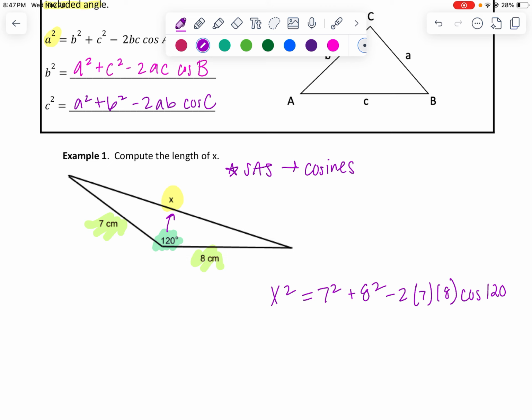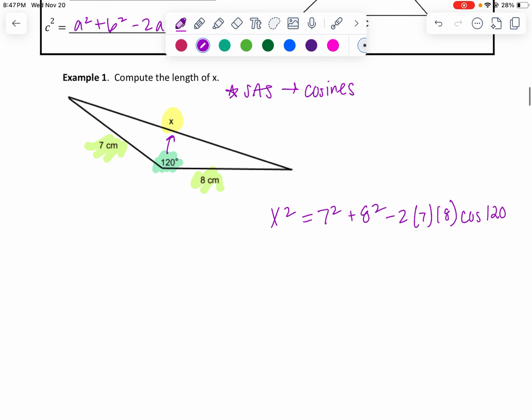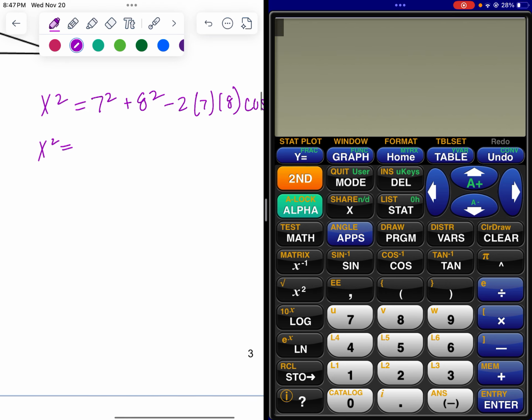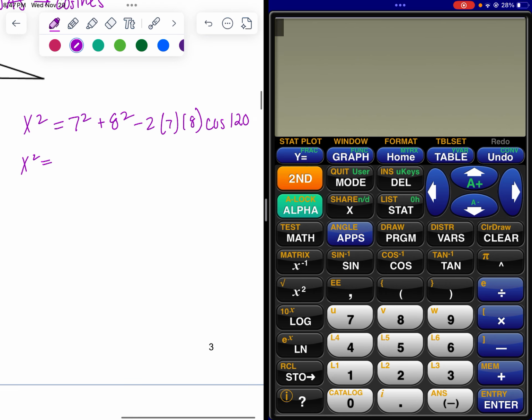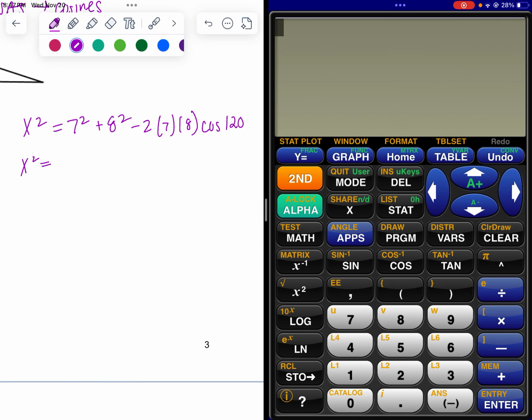And then we get this fun little thing where I can simplify this. I have x squared. I'm actually going to transition to my calculator. I could do that mental math, but I am going to use the calculator for this one because I can just plug it in. So I have 7 squared plus 8 squared minus 2 times 7 times 8 times the cosine of 120.